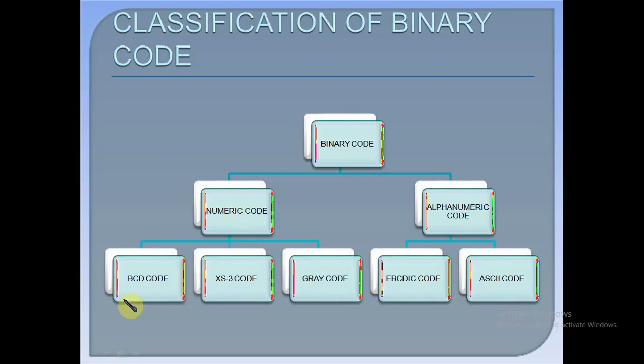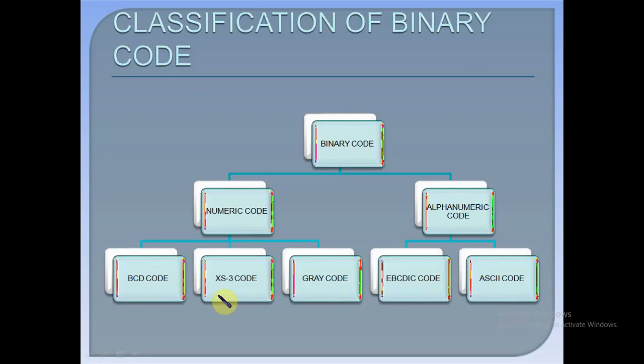This is related to the BCD code, that is the weighted code. Next, non-weighted codes, that is the XS3 code and the gray code. XS3 is also called the XS3 code. It is a non-weighted code used to express decimal numbers, and XS3 code words are derived from the 8421 BCD code by adding 0011, or 3, to each code word.